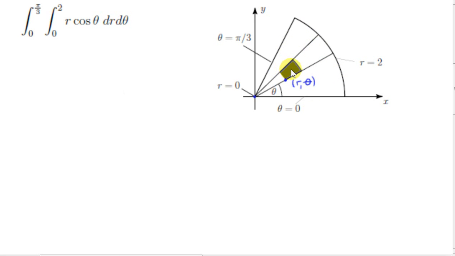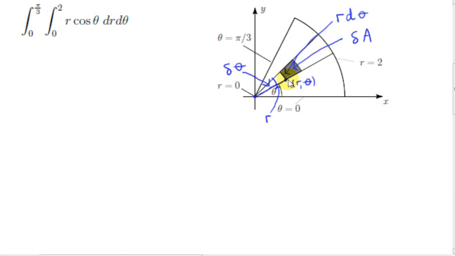Now our element of area in this situation is not a rectangle with sides parallel to the x and y axes. Let delta A be the area of our element. Let r, theta be the coordinates of this point. To create this area element we have to increase theta by an amount which I will call delta theta, because in the limit it will become d theta.